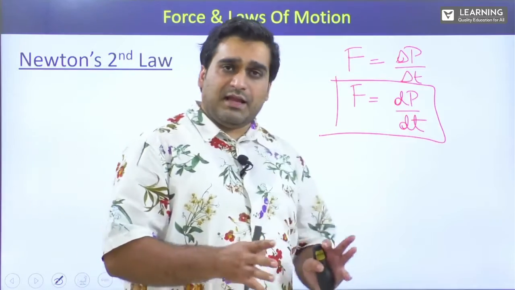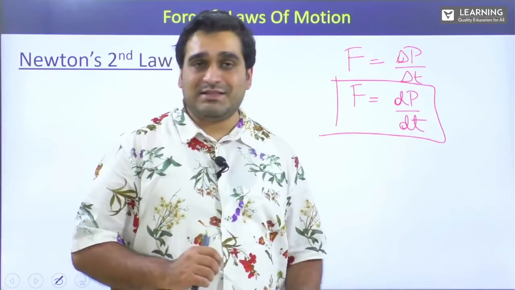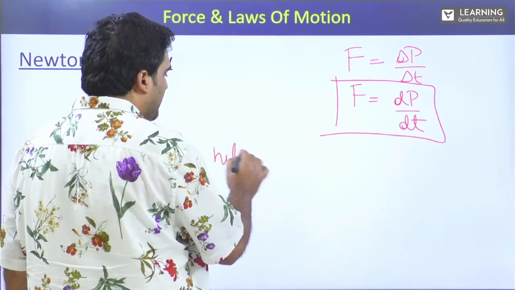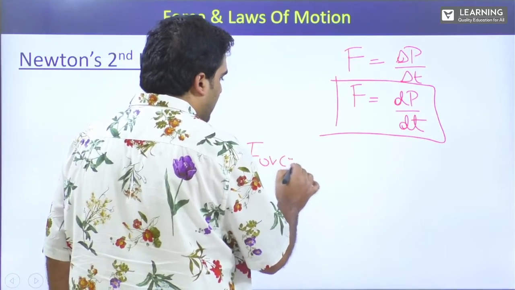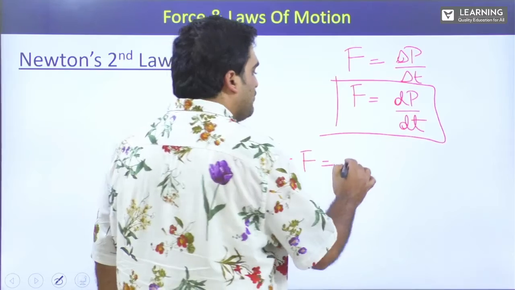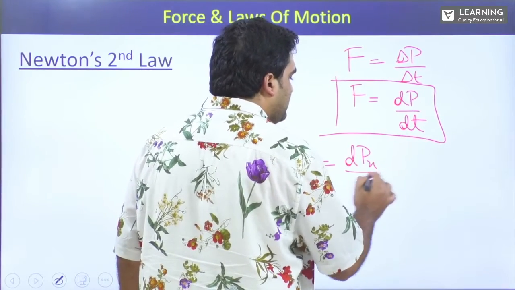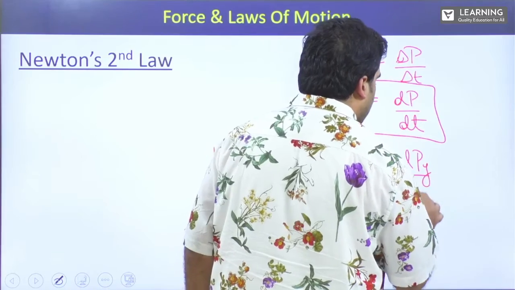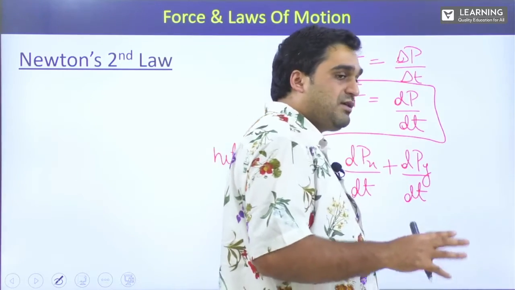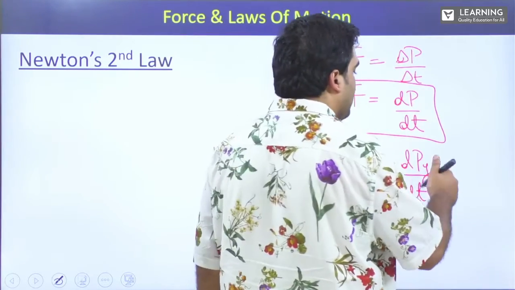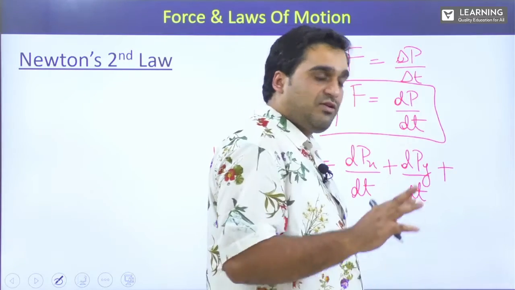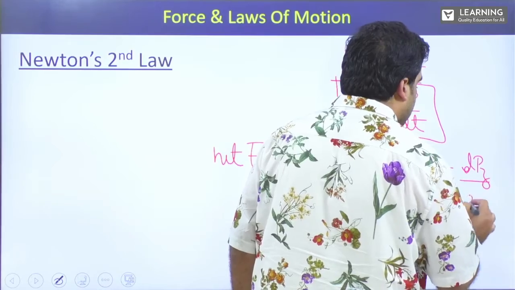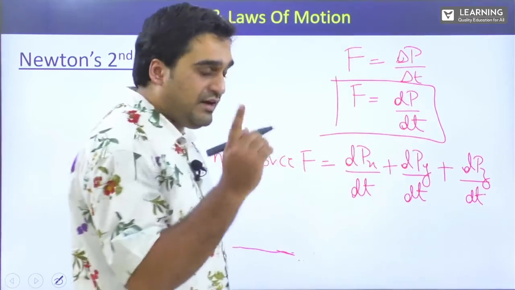So momentum can be along the x-axis, y-axis as well as the z-axis. So the net force F on an object is given by the rate of change of momentum along the x-axis, the rate of change of momentum along the y-axis, and the rate of change of momentum along the z-axis for three dimensions.